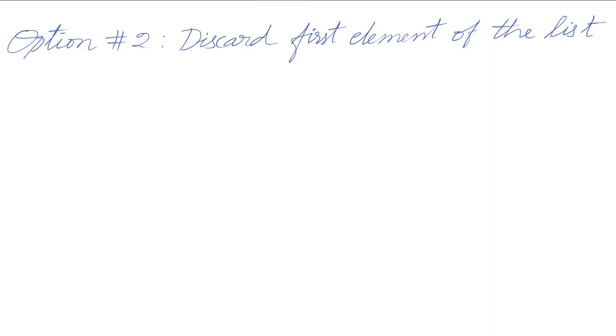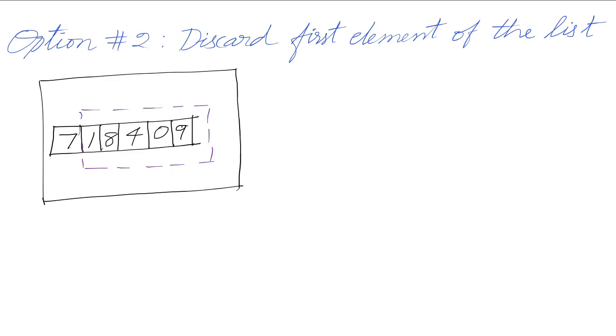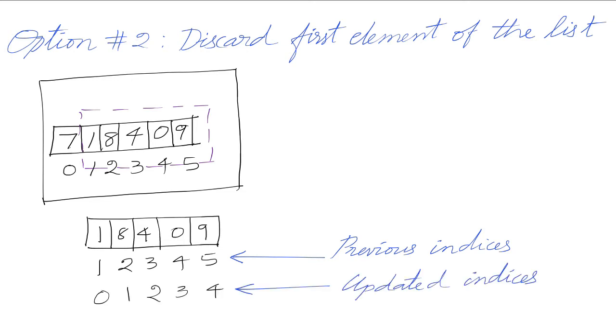Option number 2 is we can discard the first element of the list. So if we have these elements, and if we discard the first element, these are the indices of the elements, and this smaller list now has these as the previous indices, and the new updated indices are these values.